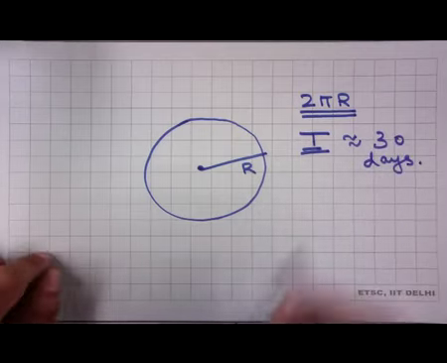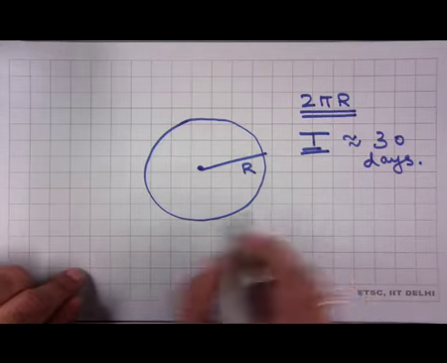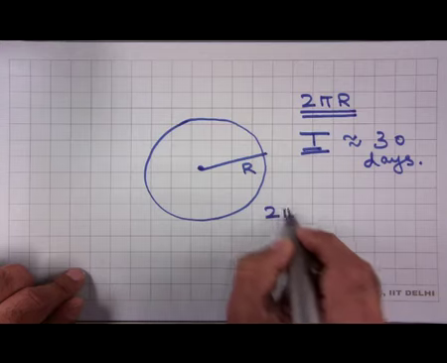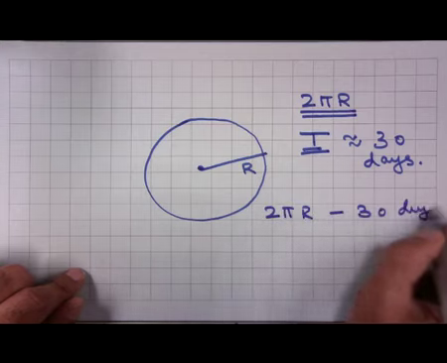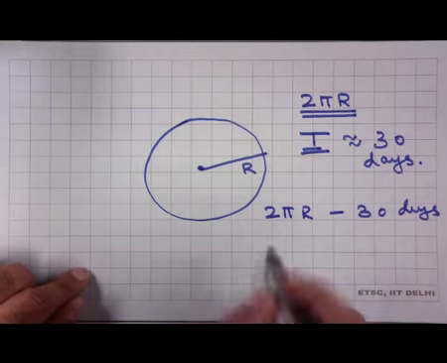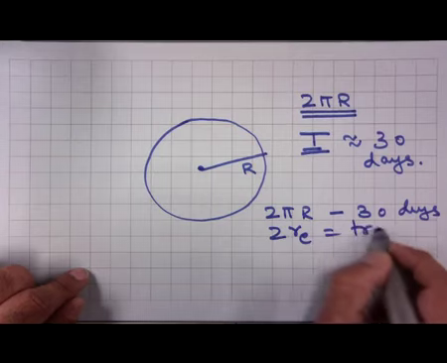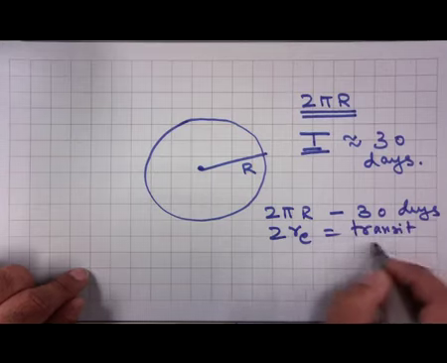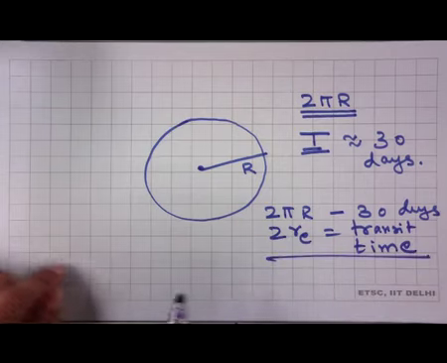So the moon requires 30 days to cover a distance of 2 pi r, and for a distance of 2re, you have the transit time.